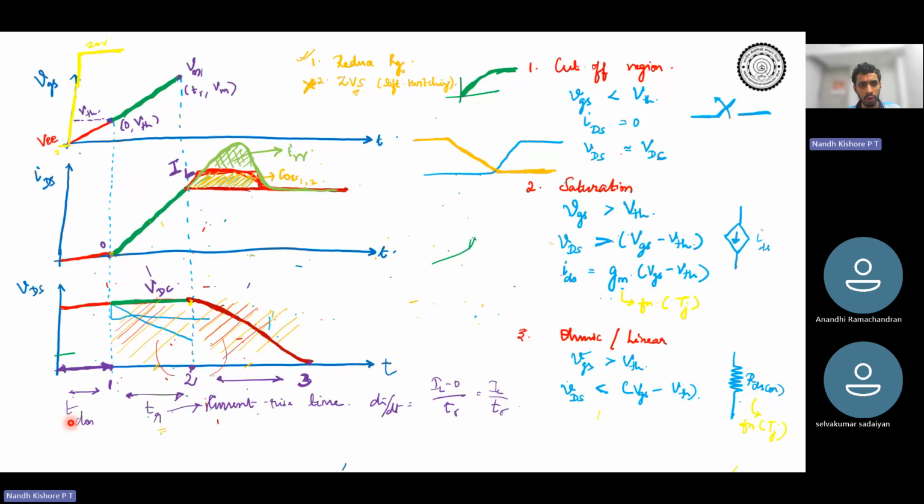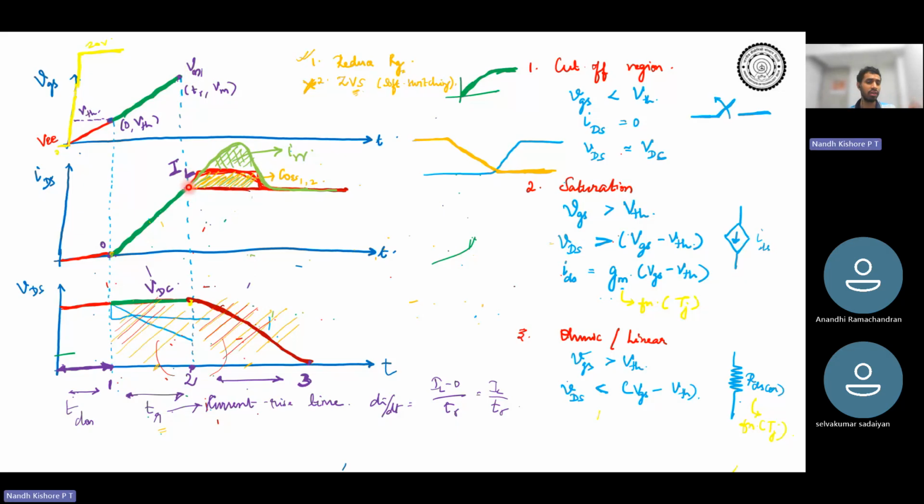The current is all 0. And then you have the second interval, that is your current rise time, wherein the device is in the saturation region. The current increases based on gm into (VGS minus VTH). As VGS increases, your drain source current increases. So VGS will go on increasing from V threshold to V Miller. V Miller corresponds to the gate source voltage at which your device starts carrying the full load current.